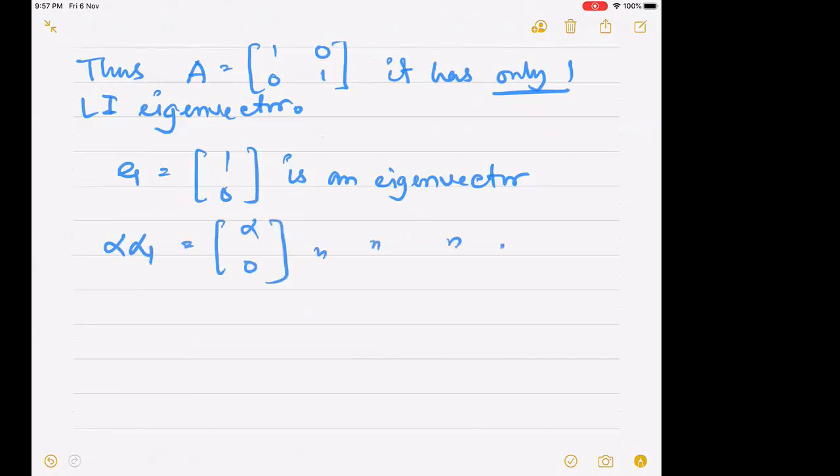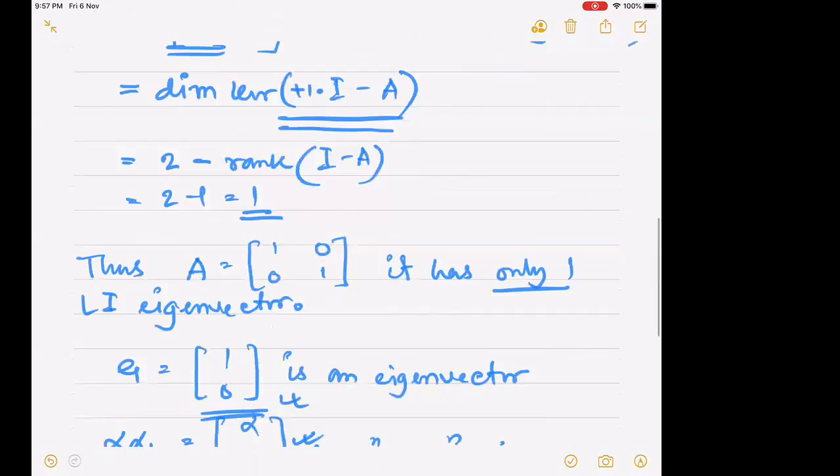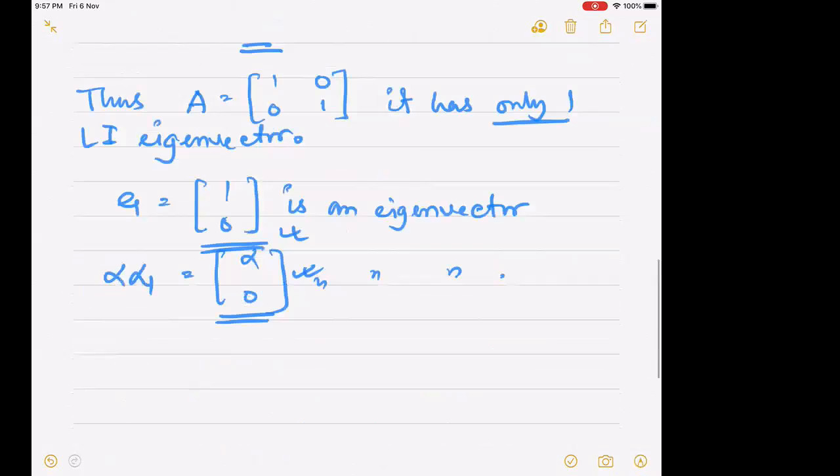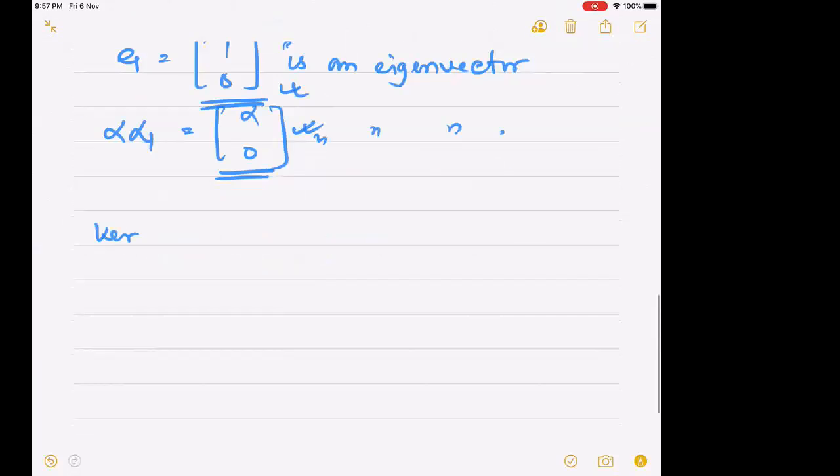But these two are linearly dependent, right? In fact, a vector is an eigenvector only if it's in the kernel of this I minus A, and the kernel is actually spanned by E1. So the set of all eigenvectors is equal to the kernel of I minus A, which is the span of E1.